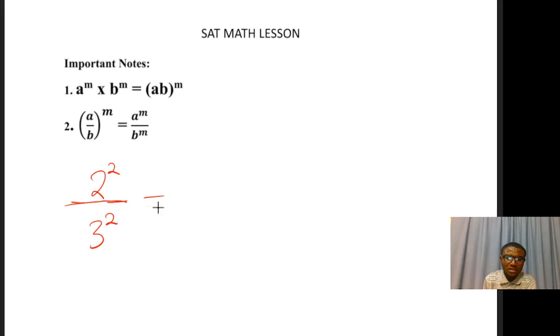Okay, this is the same thing as 2 over 3, then you take the common powers, right? So the same thing here, 2 to the power of 2 over 3 to the power of 2, you take the common powers here, you still get the same thing.